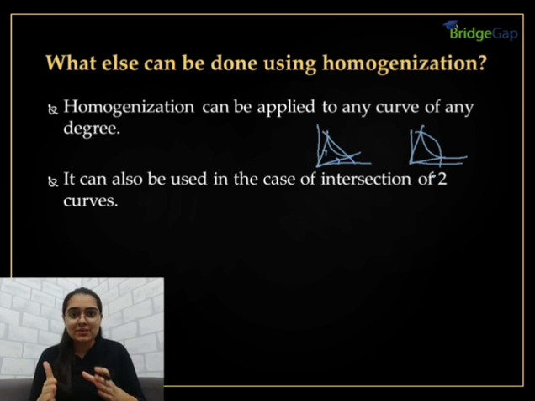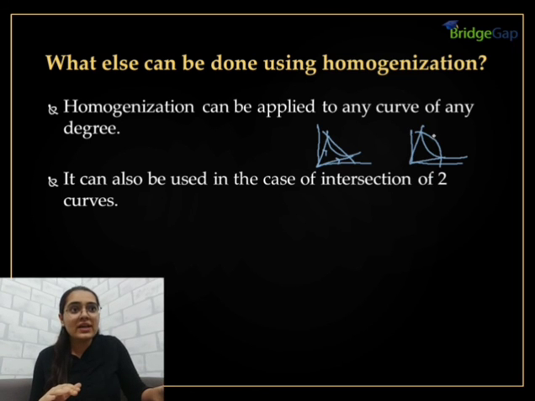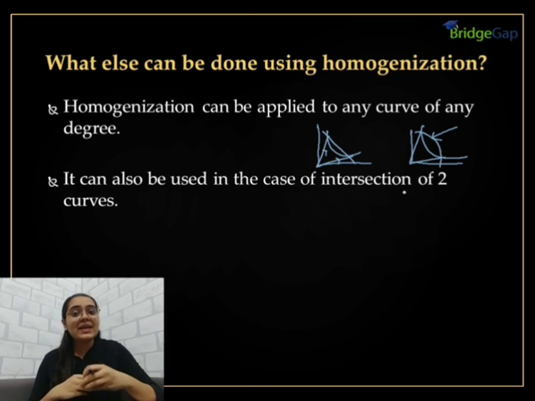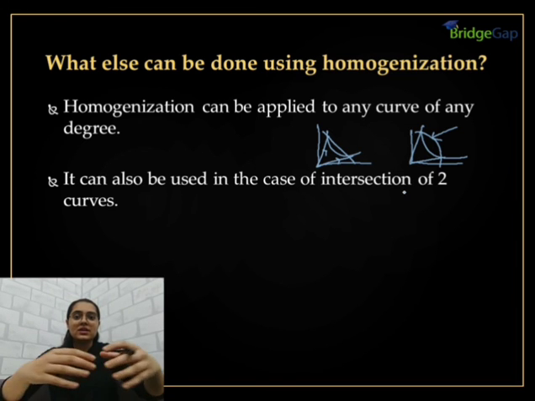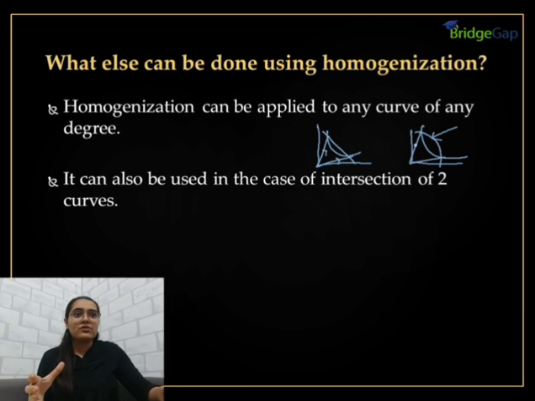Homogenization means making a non-homogeneous equation homogeneous, and you can take any of the curves and make its equation homogeneous with the help of the second curve, and then you get the homogeneous equation which represents the pair of these two lines. So it is not necessary that you follow the rigid method that you have been taught. You just have to find a way to make the equation of the curve homogeneous, and you get the joint equation of straight lines, right?